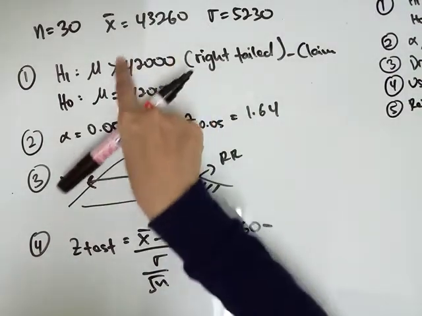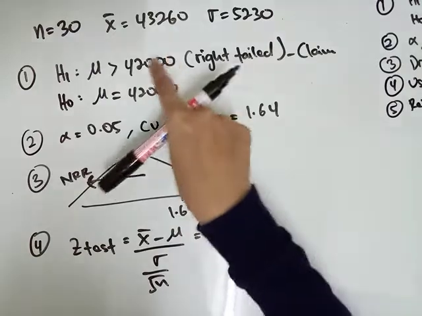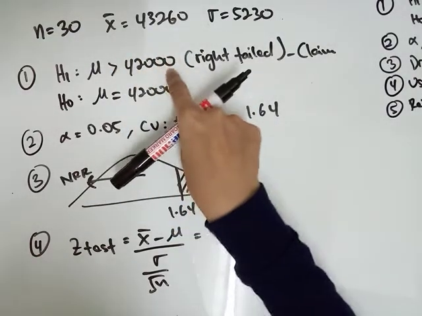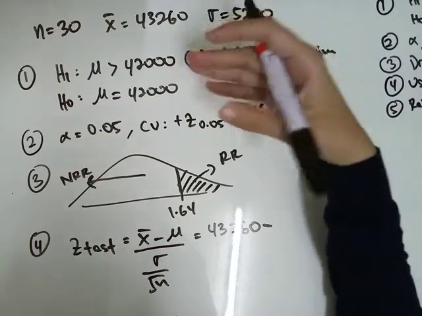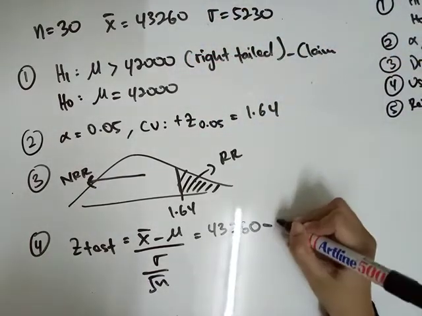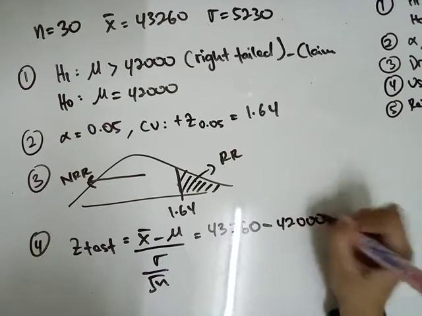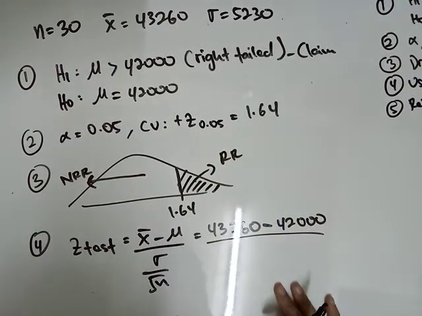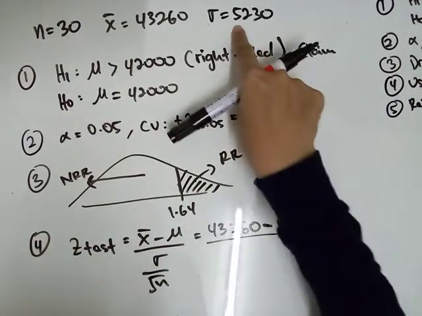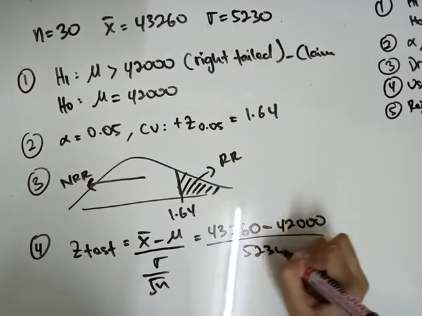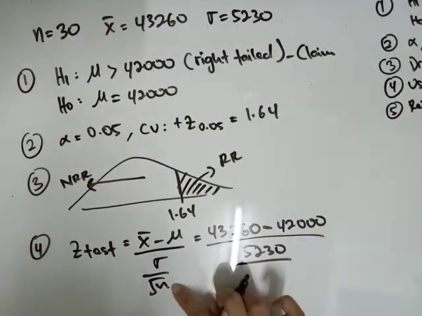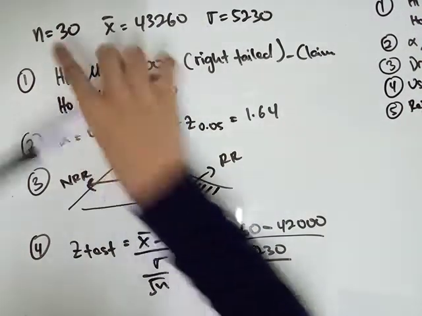This one 42,000. Yang ni estimation. It is not the right value. Okay, it is estimation. Sebab tu kita nak test sama ada statement ni betul atau tak. Okay, so minus 42,000 divided by population standard deviation 5230 over square root sample size 30.